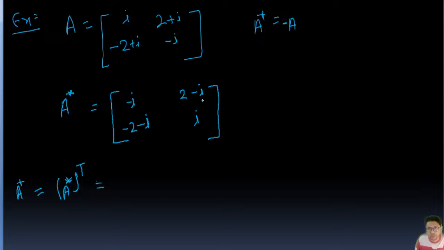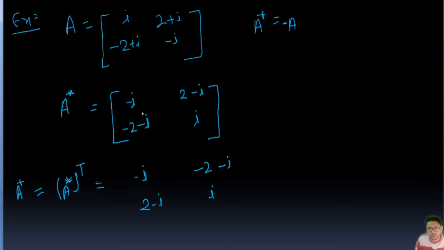We'll change this column into row and this row into column, right? We exchange the columns and rows. So this is going to be minus iota, minus 2 minus iota, and 2 minus iota, and iota. So this column becomes the first row and this column becomes the second row.